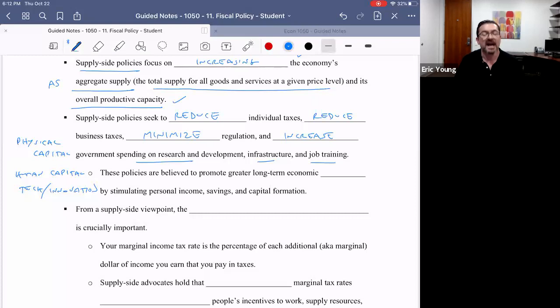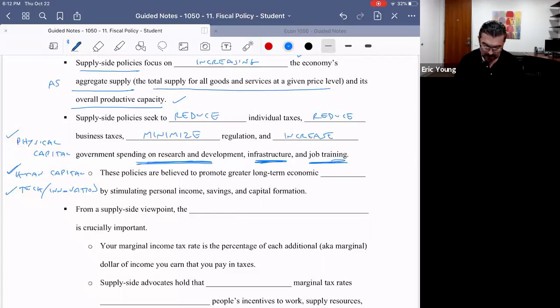The supply siders advocate government spending on research and development, on infrastructure, and on job training, which tie directly to physical capital, human capital, and innovation. R&D spending will improve your technology base and your innovation. Infrastructure spending will improve your physical capital. Job training for citizens, especially those who are unemployed, will increase human capital.